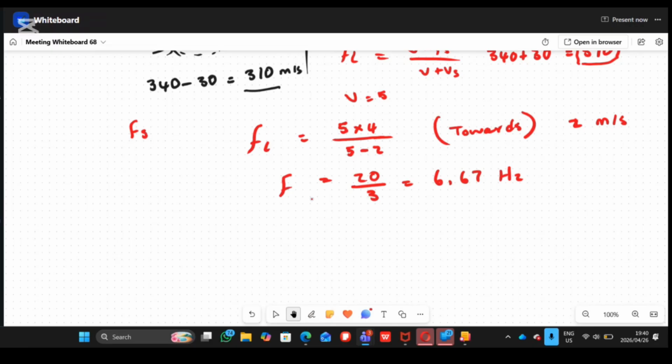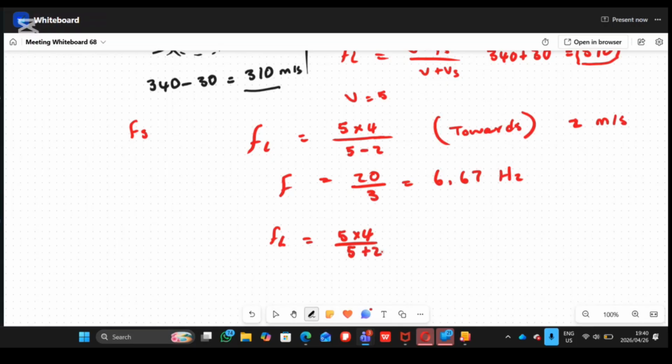But what if the sound source is moving away? I'm going to have FL equal to 5 times 4 over 5. When it is moving away, we add.